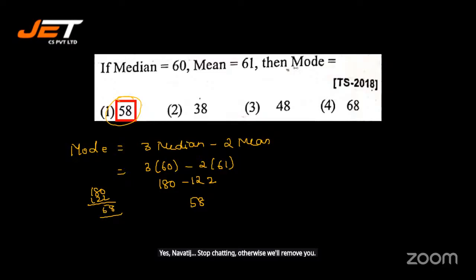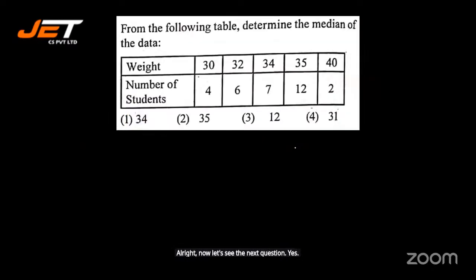All right, now let's see the next question. From the following table, determine the median of the data. All right, so it takes full 2 minutes. You can try doing it and then give me the answers. So you need to determine the median of the data.